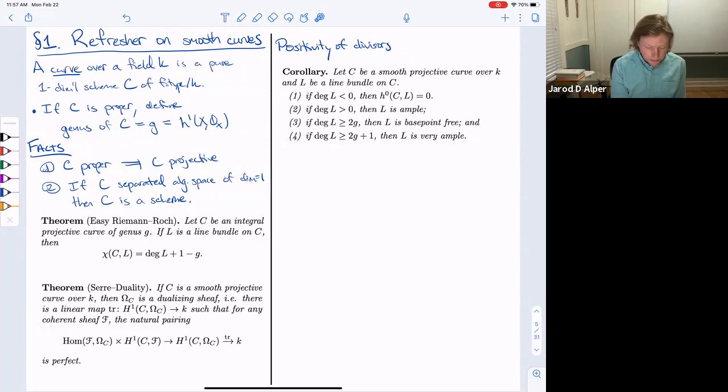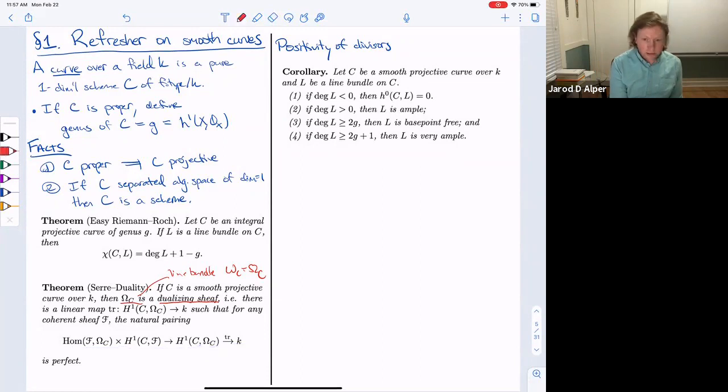Serre duality says that the sheaf of differentials is a dualizing sheaf, and since C is smooth, this is a line bundle. We often write omega C for the sheaf of differentials on a curve because it is the dualizing sheaf. And just to remind, the dualizing sheaf satisfies the natural pairing of Serre duality.